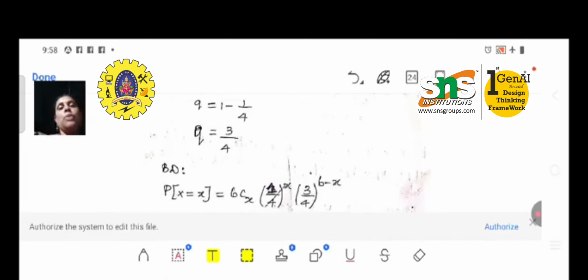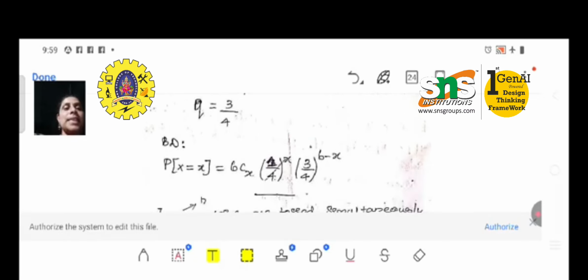Then substituting the n, p and q values, the binomial distribution is 6Cx (1 by 4) to the power x (3 by 4) to the power 6 minus x. Here x varies from 0 to 6.